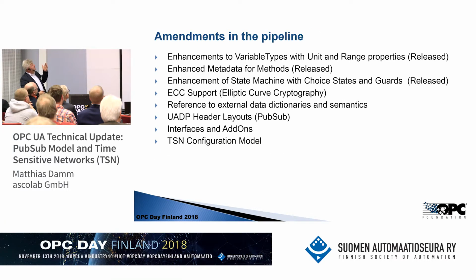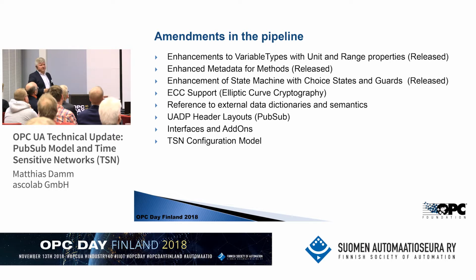And there's 3 already released. So we have one where we extend especially the analog item type with units and ranges. We have some extended concepts there that is released. We have something for providing more metadata for a method.